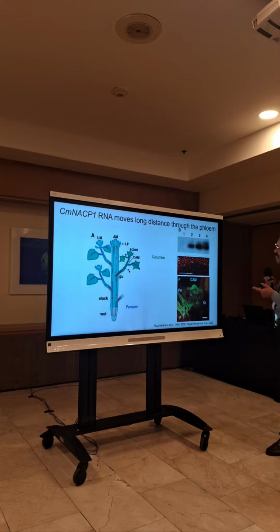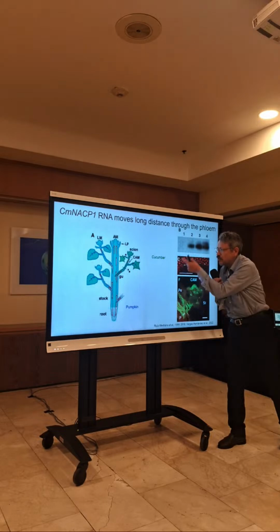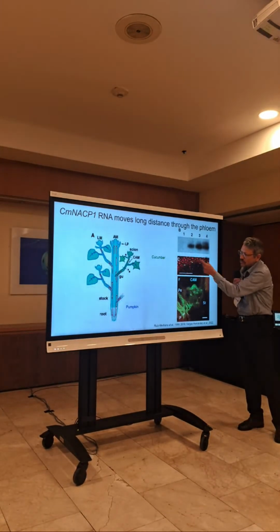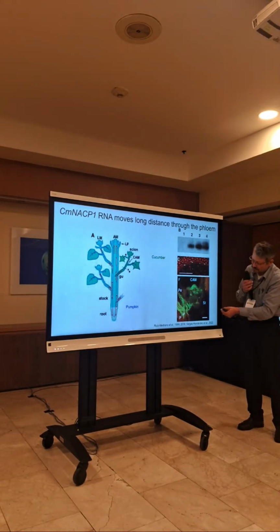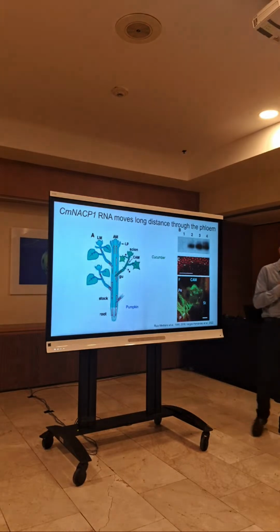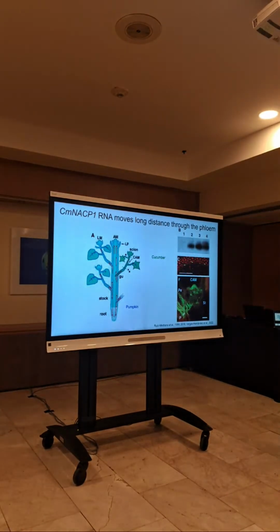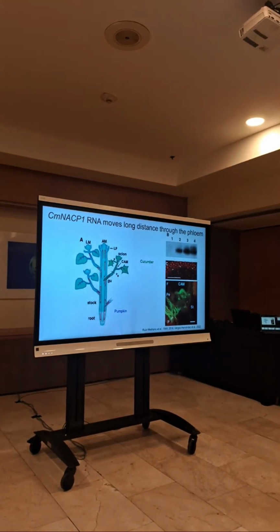Then you can find this RNA moving across a graft union from pumpkin to cucumber. The RNA localizes to extrafascicular phloem, and it also exits the phloem into the shoot apical meristem of the heterograft. So it is moving long distance and exiting the phloem.